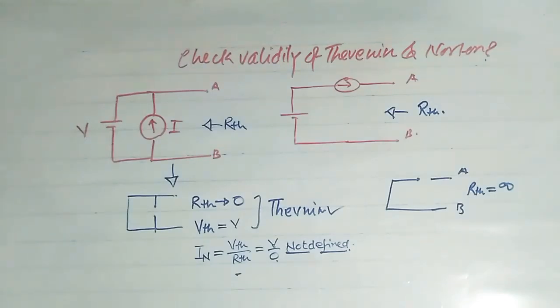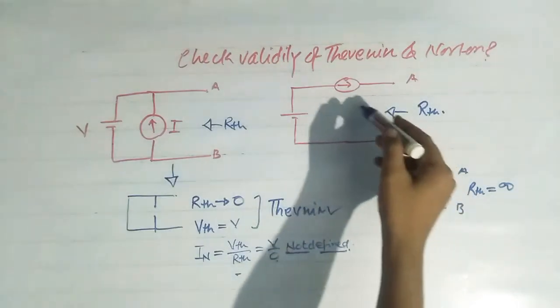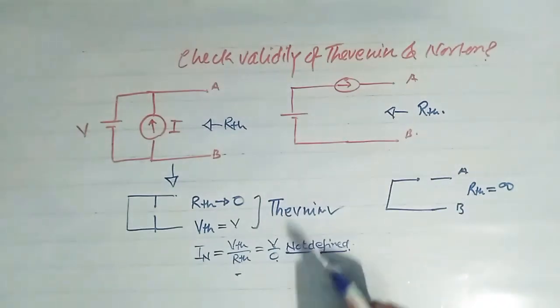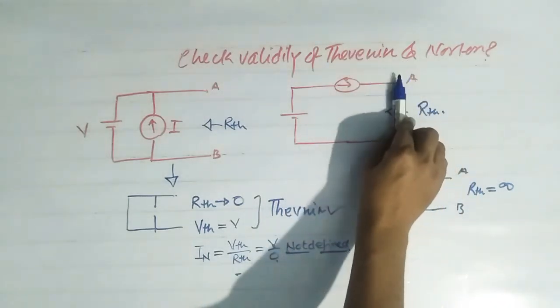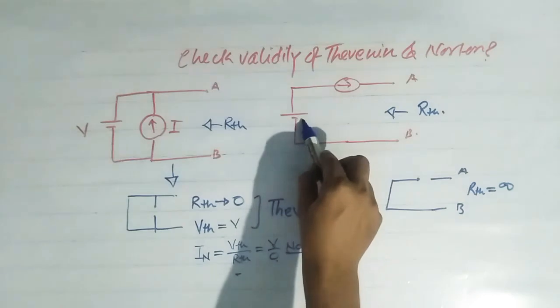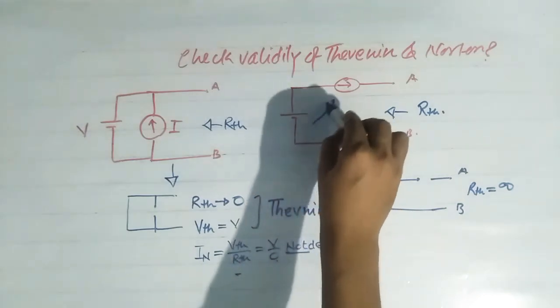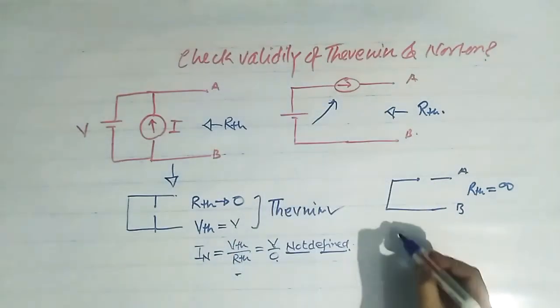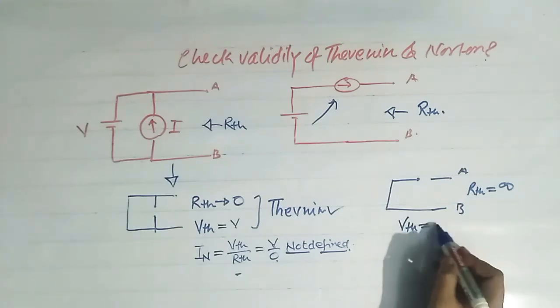Now what is the value of voltage across this? We cannot find the voltage across terminal AB because this voltage source is in series with this current source. So we cannot find VTH.